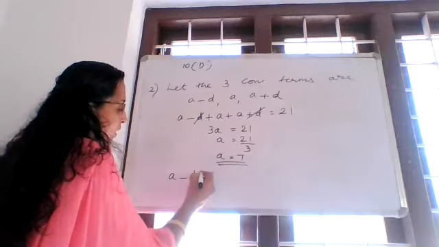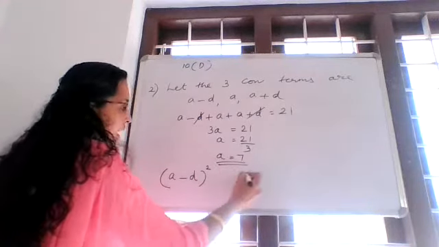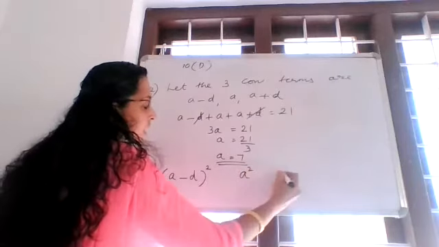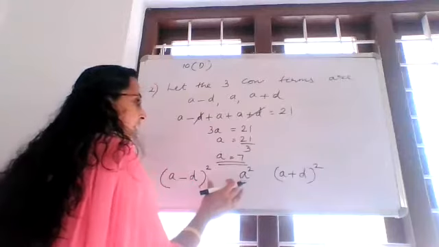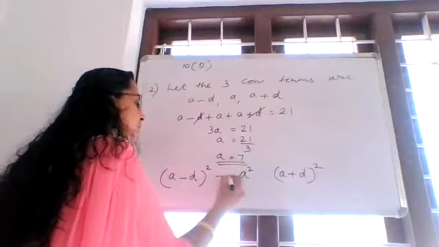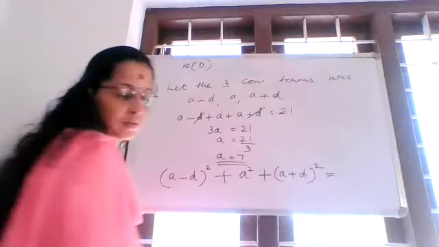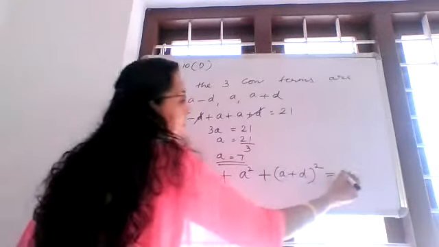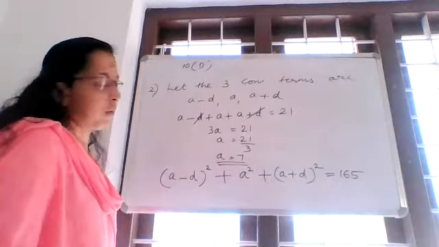Given the sum of their squares is 165. Their squares will be (a minus d) whole square, a square, then (a plus d) whole square. Then the sum of these squares means plus, and the sum of these squares is given as 165. So how can we do this?